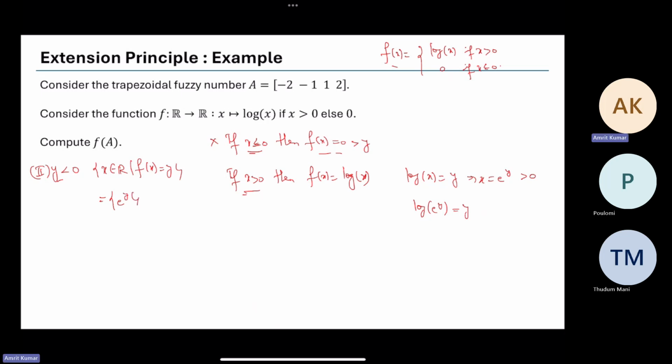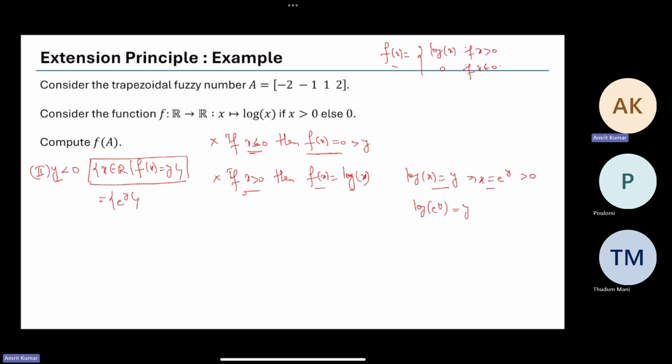To repeat, we want to figure out what this set is. We first of all looked at values of x less than or equal to 0, and we saw that for such values of x, f of x is equal to 0. Therefore, it can never be equal to y because y is a negative number. Then we looked at x greater than 0. In this case, f of x is log of x, and log of x is equal to y when x is equal to e to the power y, right?